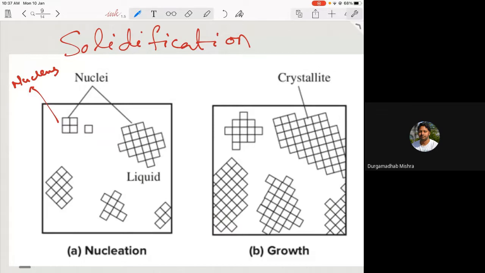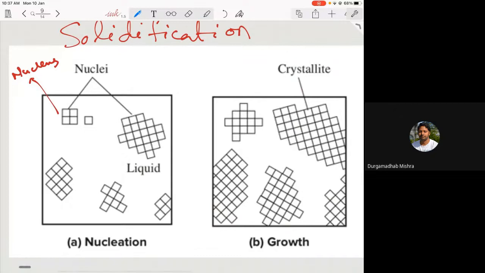But what happens when you do the solidification is that you don't have only one single nucleus, you have many nuclei, and these nuclei have different orientations. Since this is more like a random process, the tiniest crystal that forms here may have an orientation like this, but the other crystal might have an orientation which is different from this one.